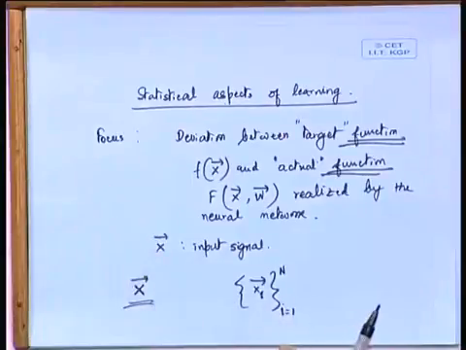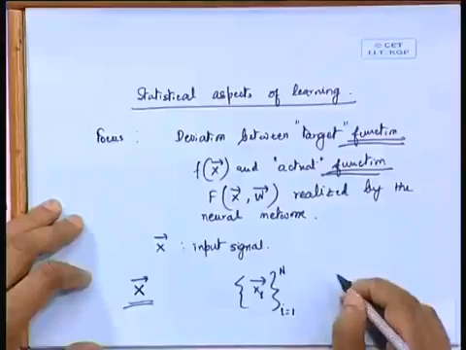So, the entire input is now being modeled as a random variable. If x vector is defined as a random variable, then what we are taking is nothing but a subset of that random variable. So, we have only fed a limited number of instances, i equal to 1 to n.